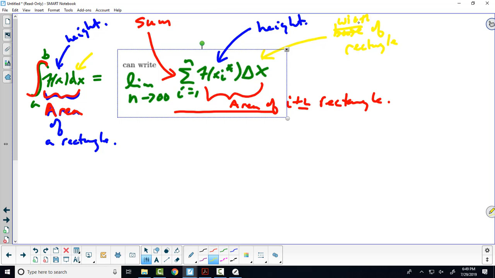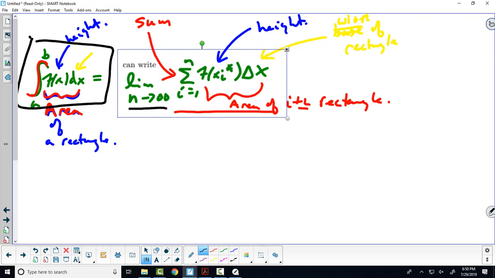So when I look at this definite integral symbol, I see this entire expression. I see that I am adding up a bunch of rectangles whose height is f of x and width is arbitrarily small. Why did it become arbitrarily small?